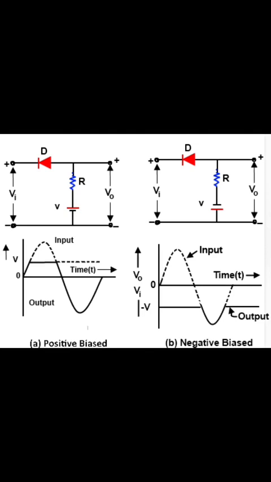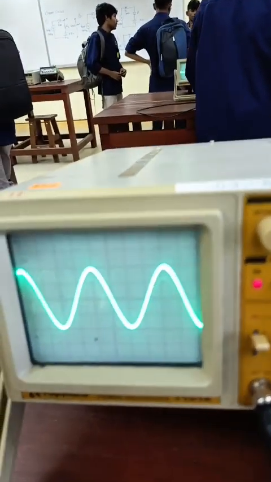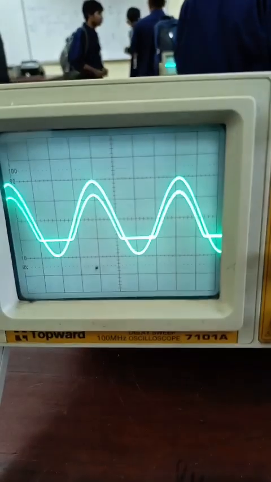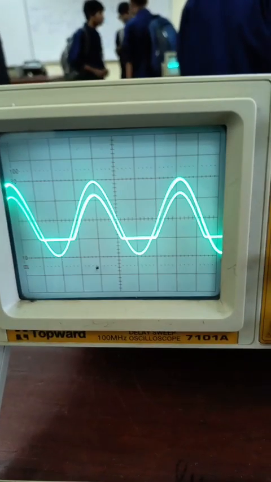And this is the clipper circuit diagram that I used as a reference to make this setup. And as you can see, this is the waveform that I generated from this oscilloscope from this setup.